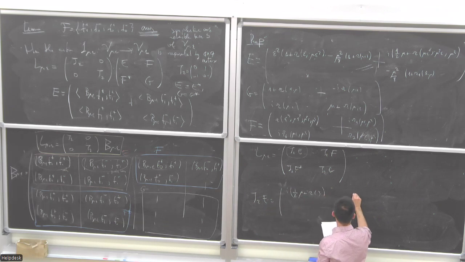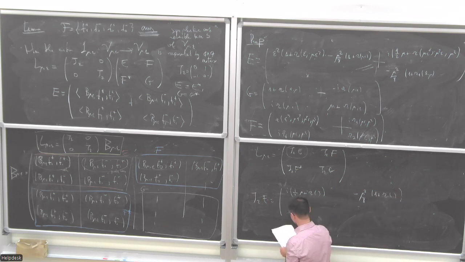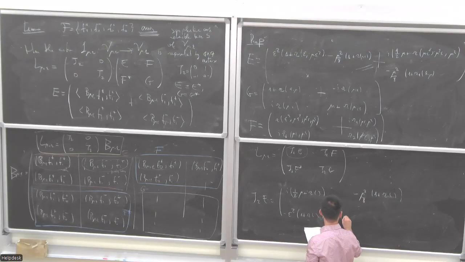Then here I have minus mu squared over 8, 1 plus a remainder. And here I have minus epsilon squared, 1 plus a remainder, plus mu squared over 8, 1 plus the remainder.